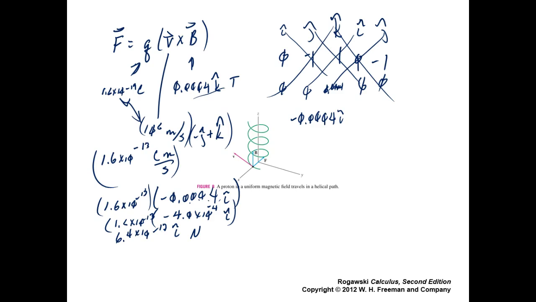I had thought we could just pull this out and multiply it here, and just let these take care of themselves in our vector multiplication, cross product multiplication.